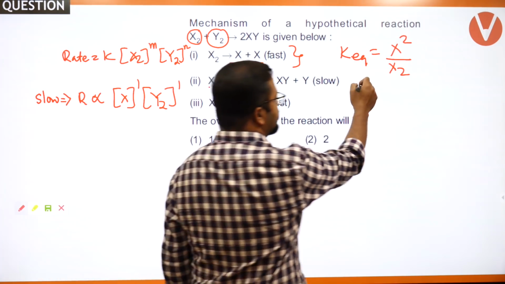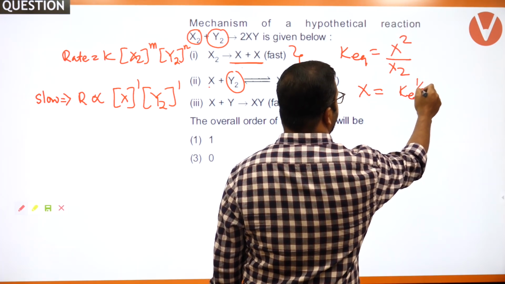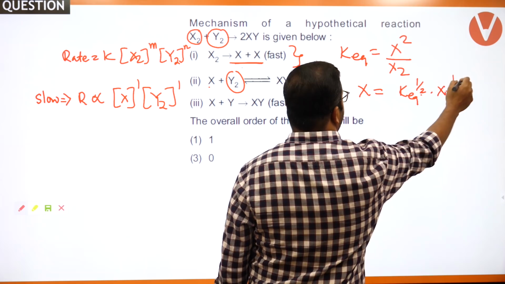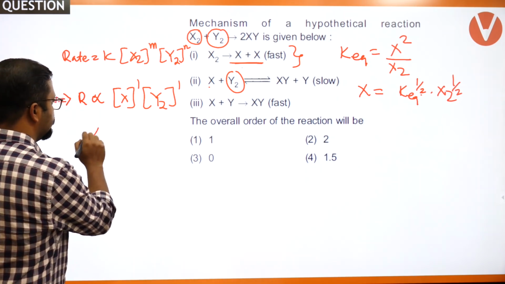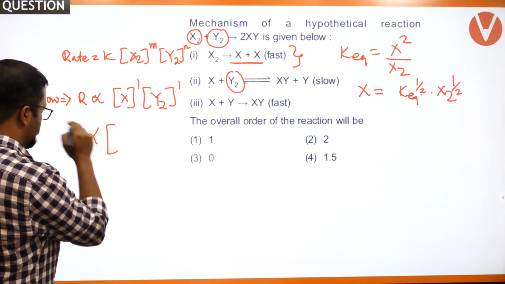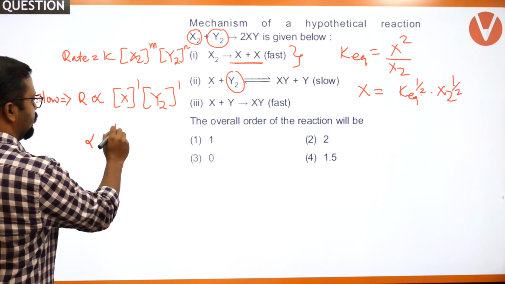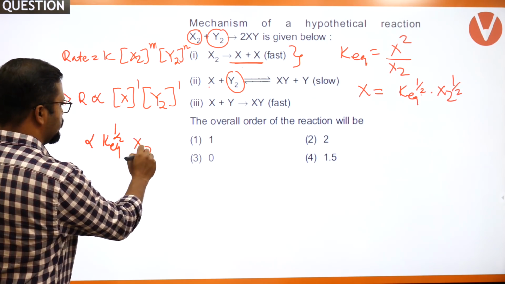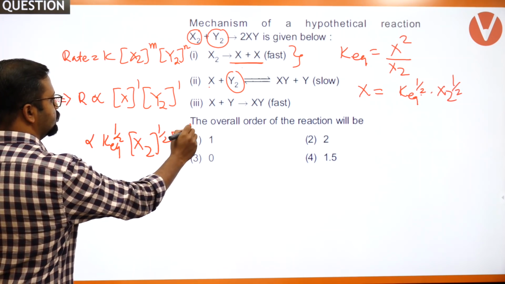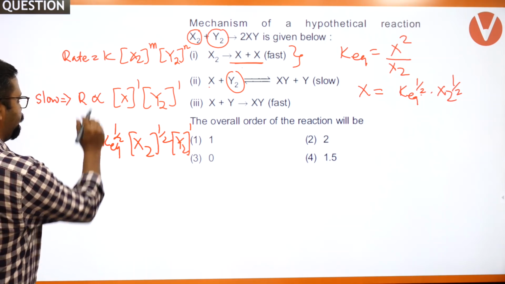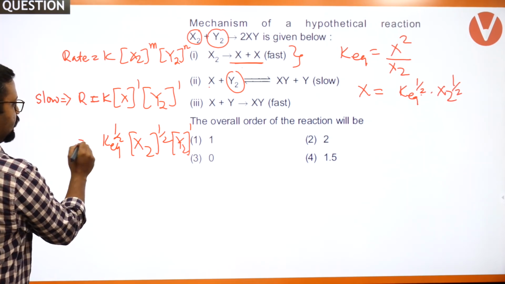So x को क्या लिख सकते हैं? X can be written as K equilibrium to the power 1 by 2 times [X2] to the power 1 by 2. I will put the value of x over here: K equilibrium to the power 1 by 2, [X2] to the power 1 by 2, [Y2] to the power 1. इस proportionality को हटाने के लिए I put a constant k.